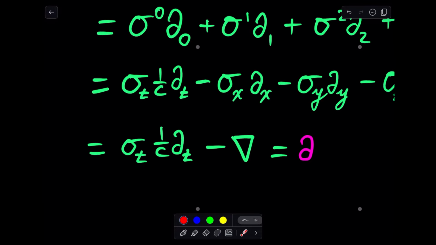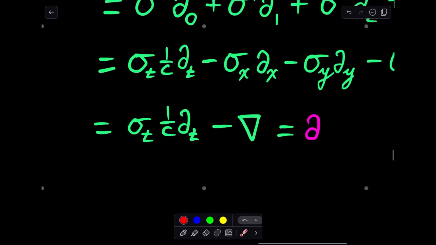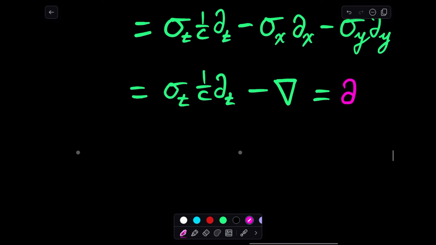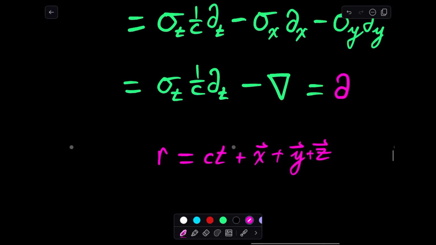And if you're wondering why there is a 1 over c delta t thing, that comes from the fact that the 4 position, so if you have 4 position, I'll write this as r, then you have ct plus x plus y plus z, and these would all be your vector components.